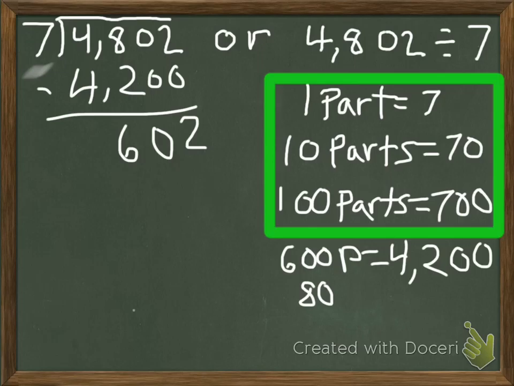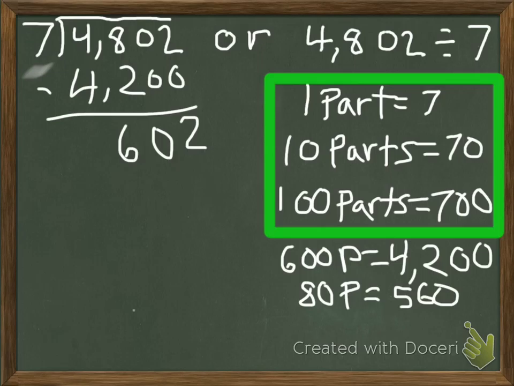And then, of course, since I'm using the 10 parts, it would be 80 times 7, which would give me 560. So my 80 parts, if I'm timesing that by the multiples of 7, or if I go 8 times 10, I'm going to have 560.